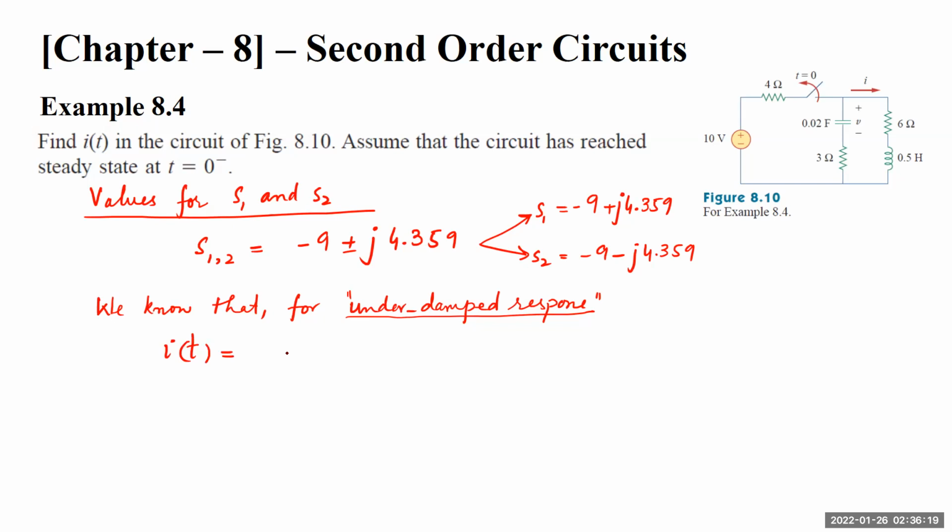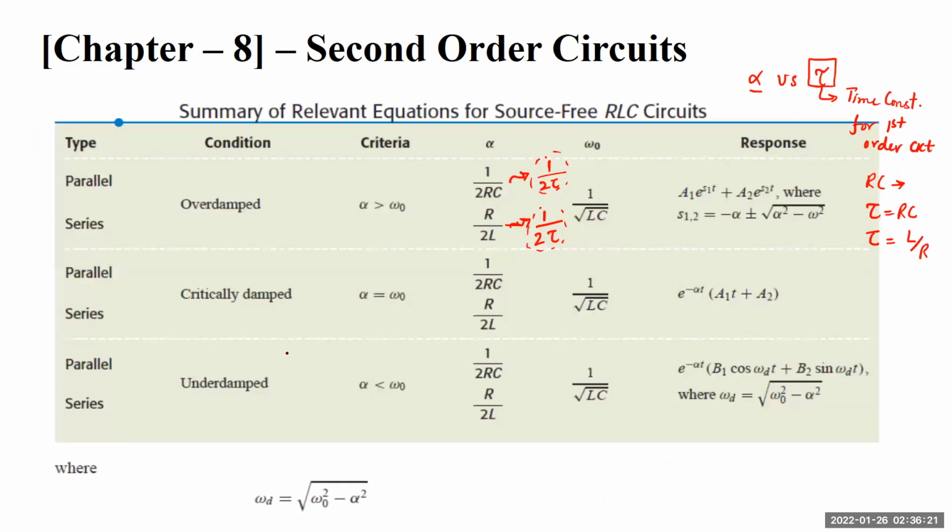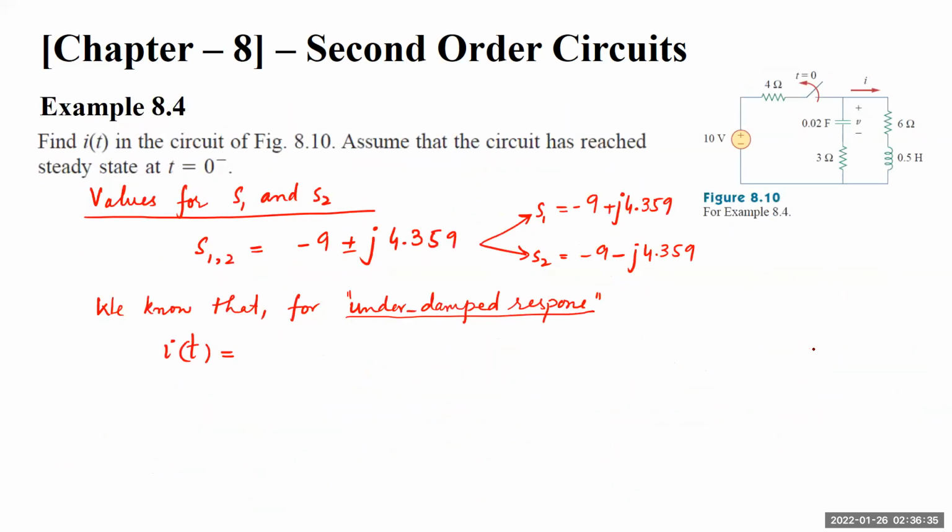I of t, remember going back a few slides, for underdamped response our case is e raised to the power minus alpha t times B1 cos omega d t plus B2 sine omega d t. So for this case, we have e to the minus alpha t times A1 cos of omega d t plus A2 sine of omega d t.